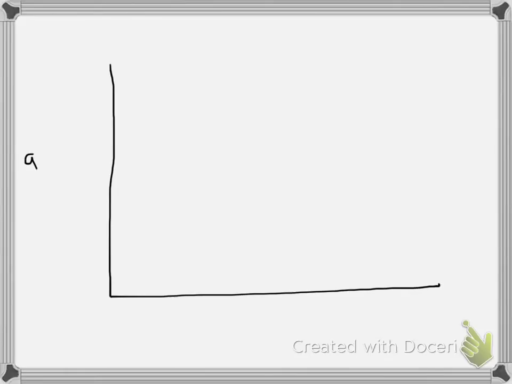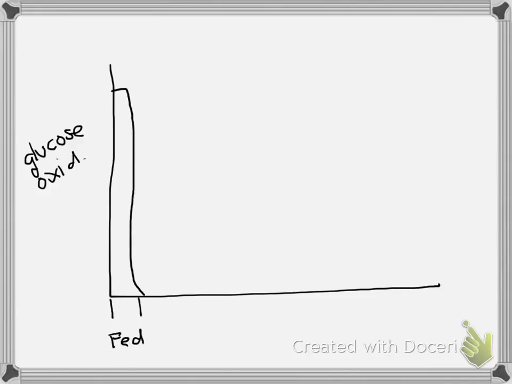Now the next thing is, let's turn this into a graph so that we can see the timing of gluconeogenesis. If we look here on the y-axis of glucose oxidized, we can see that during the brief fed state that we are normally in, because remember we're normally in a fasting state, we have ingested glucose, and glucose oxidation of the ingested glucose goes down over the fasting state.